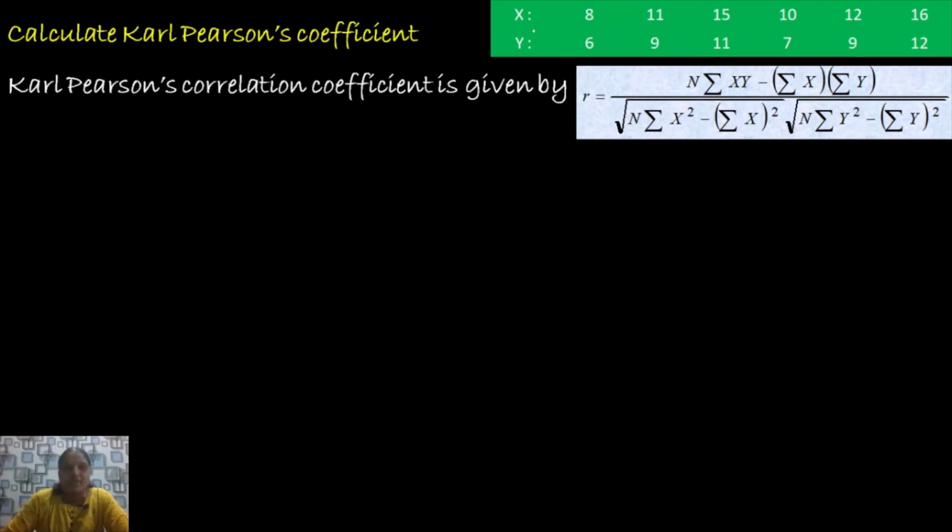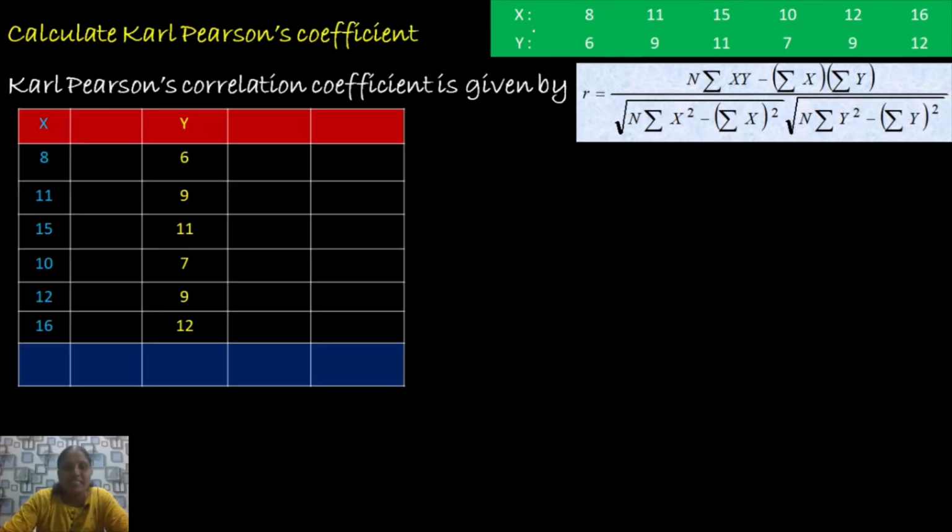So first let me construct a table, where the first column consists of the given values of x and the second column I am going to calculate x square. The third column consists of the given values of y, the next column I have to calculate y square, and the last column I have to calculate the product of x with y, that is xy.